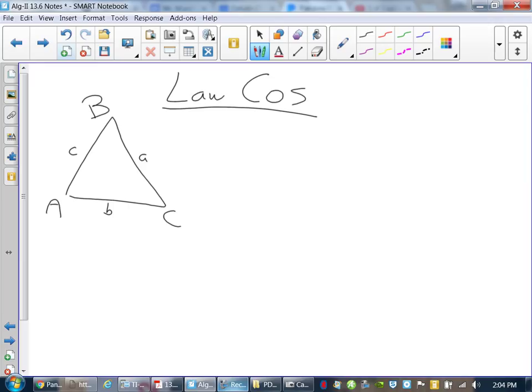It's trying to create that relationship. So on one side you'll have a side, the other part of the equation you'll have the angle portion. For example, one of them looks like this. Side a squared is going to equal b squared plus c squared minus 2bc cosine of angle A.